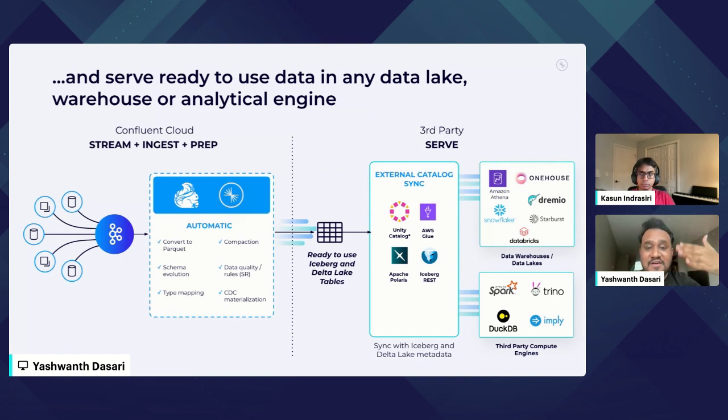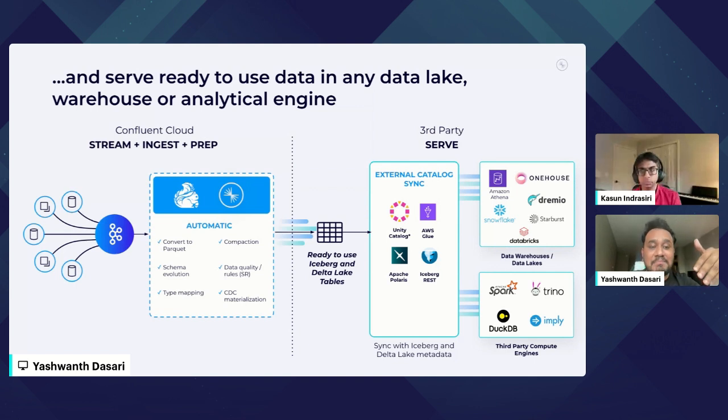Once the Kafka topics are converted into Iceberg and Delta Lake tables, we can use any catalog sync of your choice, for example AWS Glue, the inbuilt Iceberg REST catalog, Apache Polaris, or Databricks Unity catalog, so that you can feed commercial data warehouses and data lakes such as Onehouse, Amazon Athena, Snowflake, Databricks, Starburst, and Dremio.